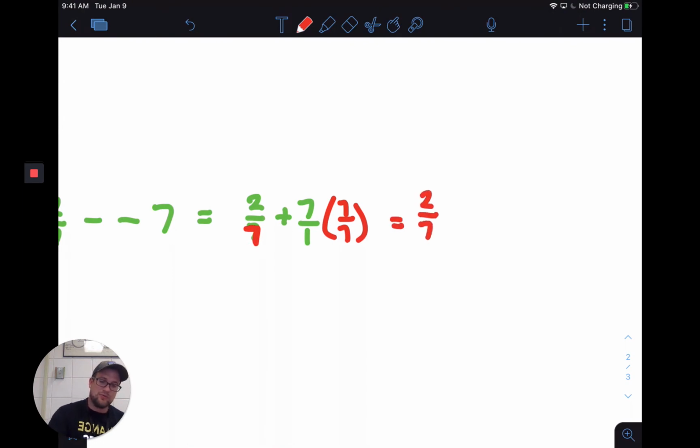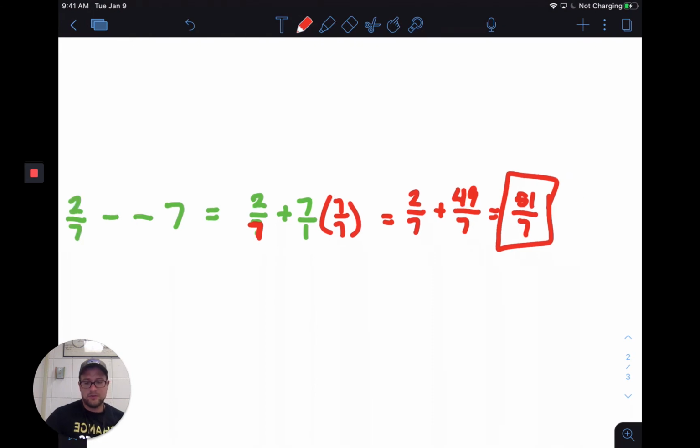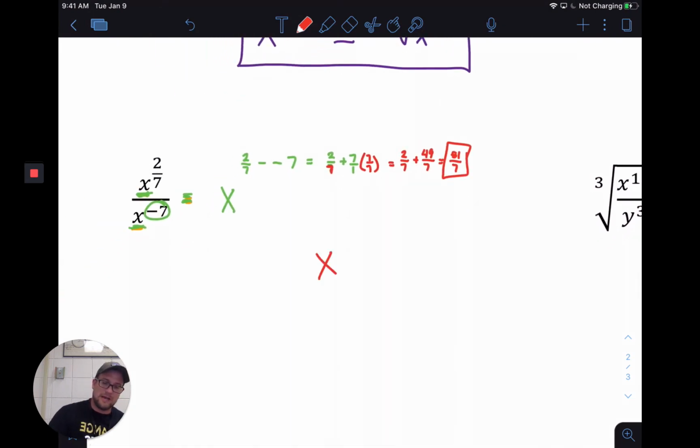So we'll be left with 2 sevenths plus 49 sevenths, which is equal to 51 sevenths. So my final answer here would be x to the 51 sevenths. Now, writing that in radical form, that would be the 7th root of x to the 51.